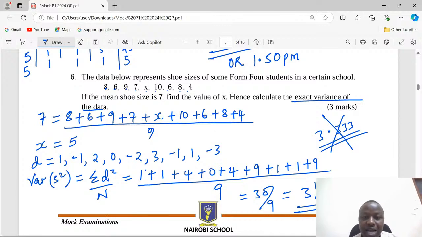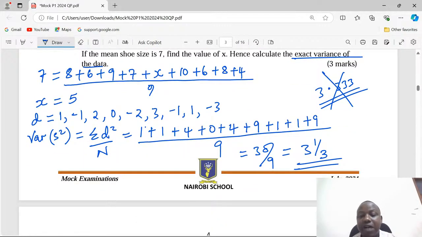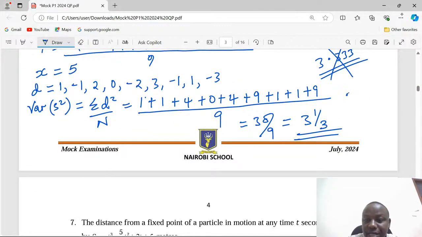So I would encourage learners to follow instructions when told to calculate exact variance. Please give it in fractions. If not, you can say 3.3 with a dot above the 3 to mean 3 is recurring. That way, you will not have limited yourself.